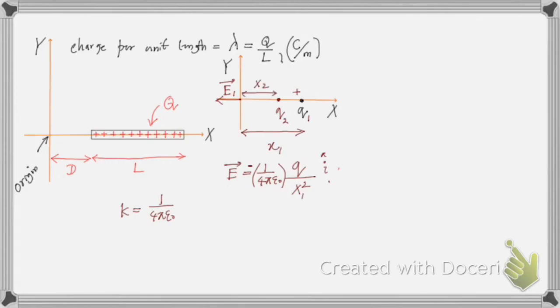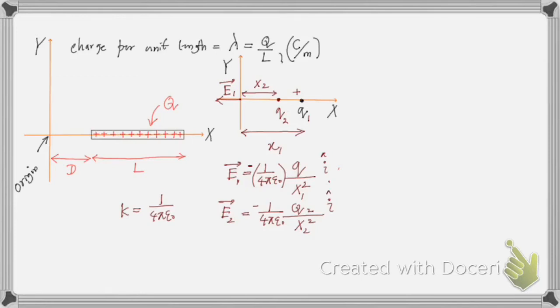The electric field E2 due to the second charge particle, which is X2 distance away from the origin, equals 1 over 4 pi epsilon naught Q2 divided by X2 squared. And direction is again along the negative x direction.